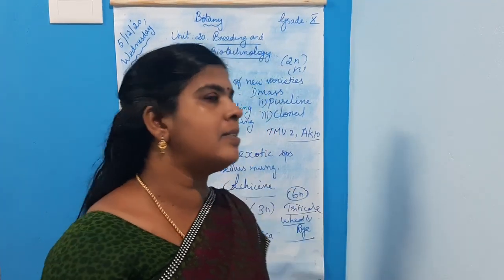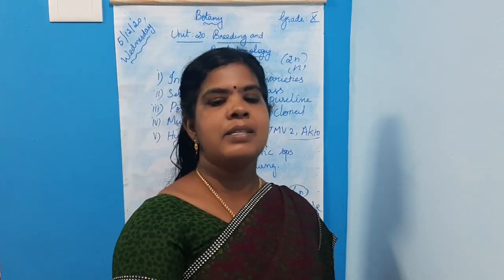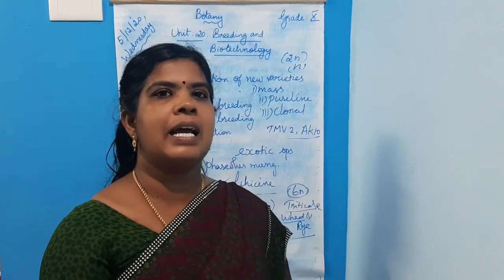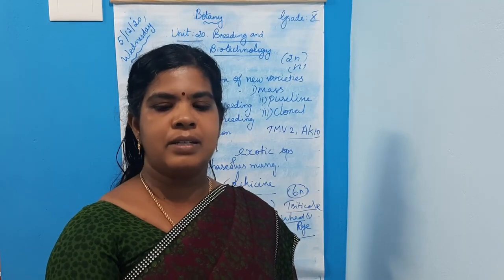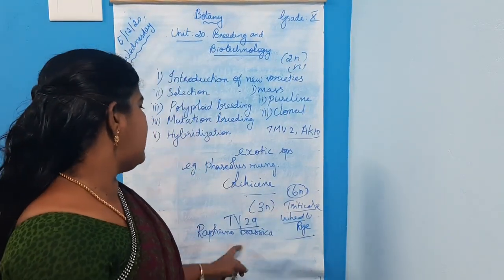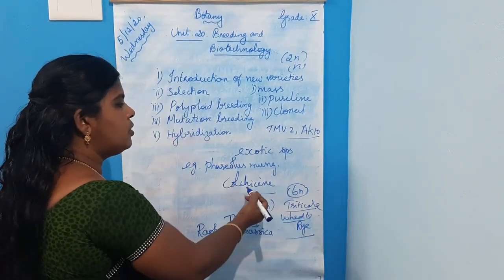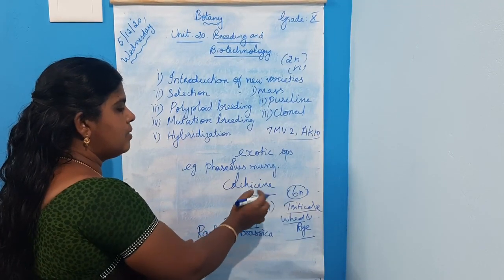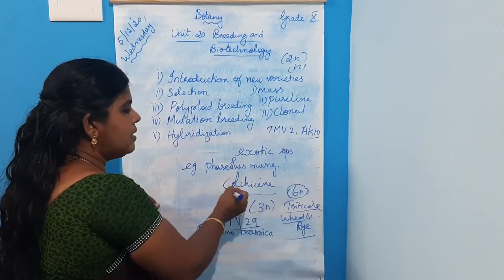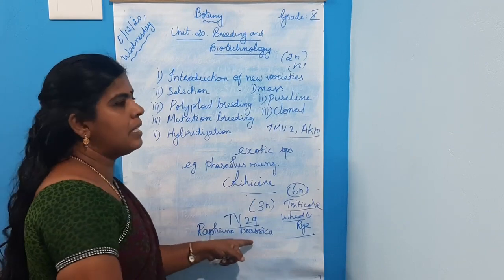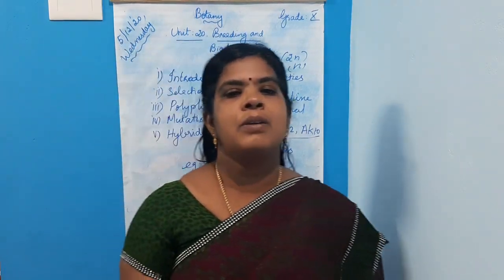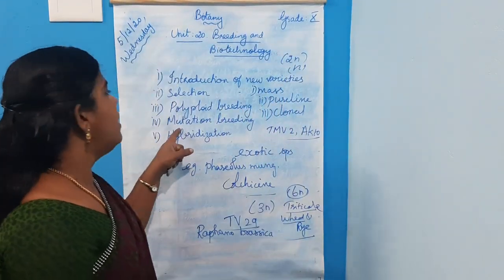Polyploidy is induced in these plants to make the triticale plant. Next is Brassica, an allotetraploid. Brassica is formed by inducing colchicine treatment in this plant.